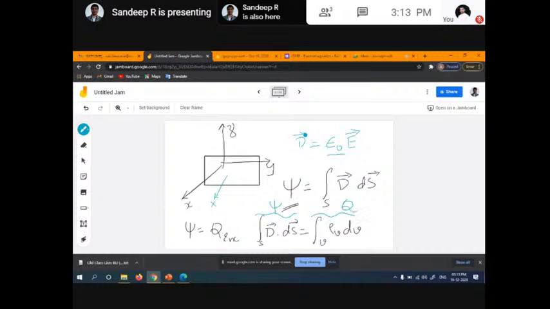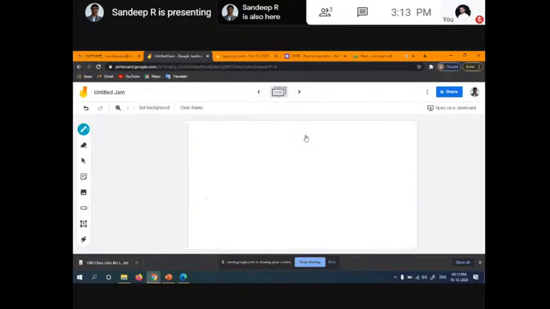It only says that the flux coming out of the closed surface is equal to the charge enclosed within it. Going further, we have the first Maxwell's equation, del dot D is equal to rho v. That is, the divergence of the electric flux density gives the volume charge density.